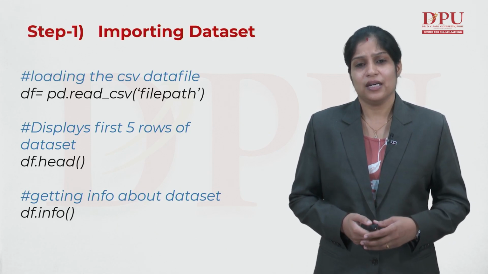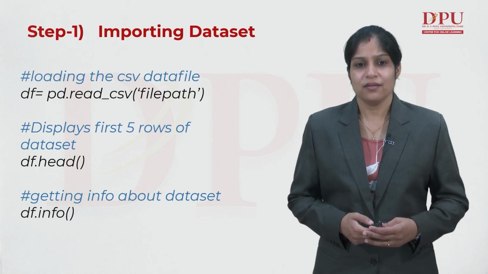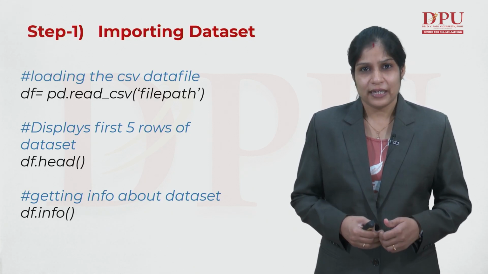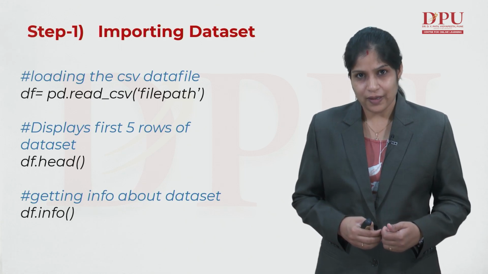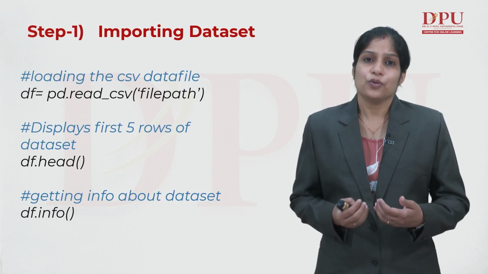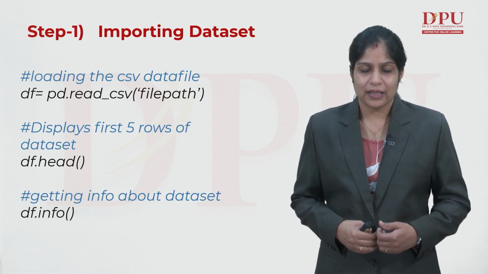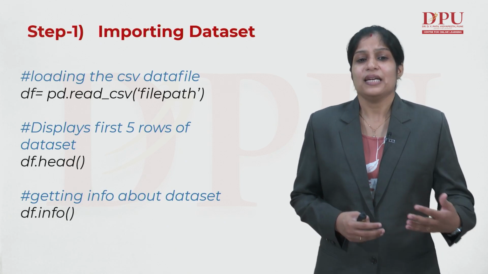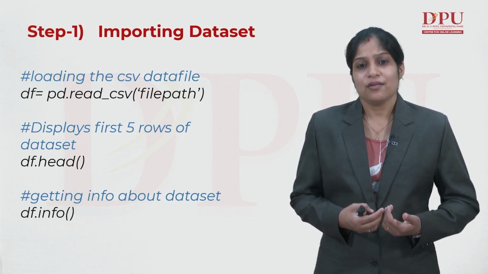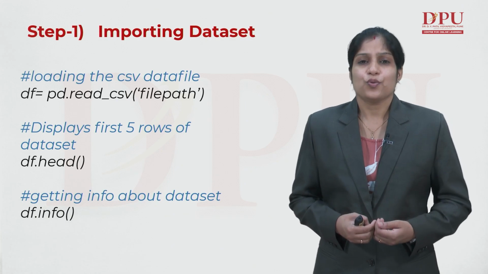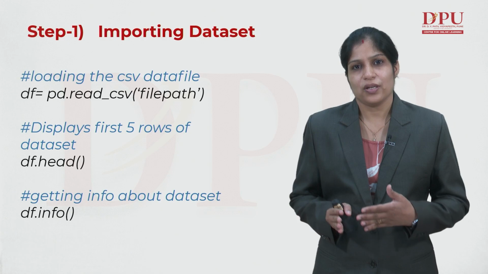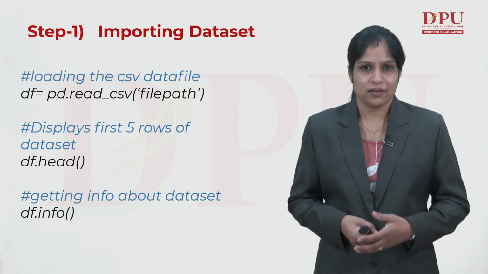Here I have written certain coding statements in Python to import the CSV data file, that is comma separated value file, which is similar to the Excel file format. To import the data set into Python, I have written the statement df equals pd.read_csv, where read_csv is the function name which will contain the file path where that data set is actually residing in our system.